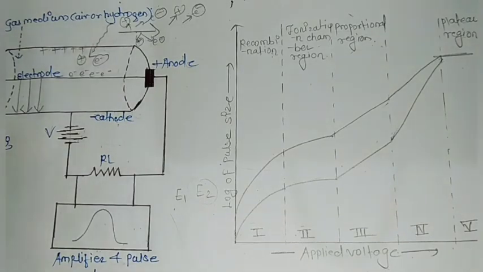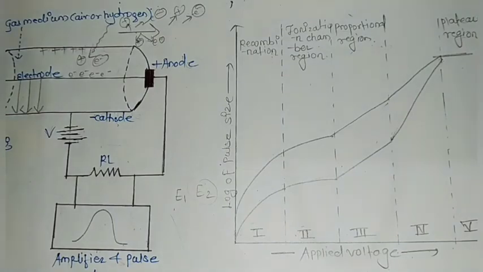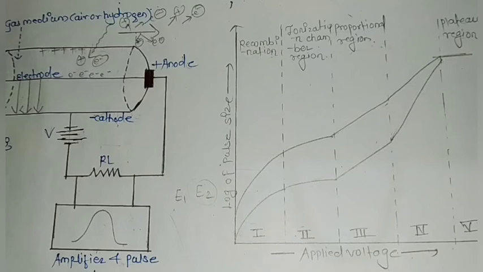In the plateau region, even a small, less energetic particle can create an avalanche effect along the entire chamber itself, thus leading to a huge current pulse corresponding to that particle.